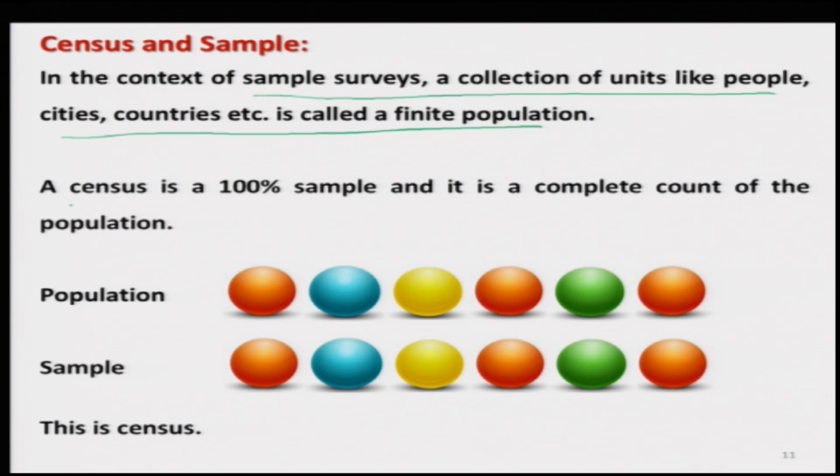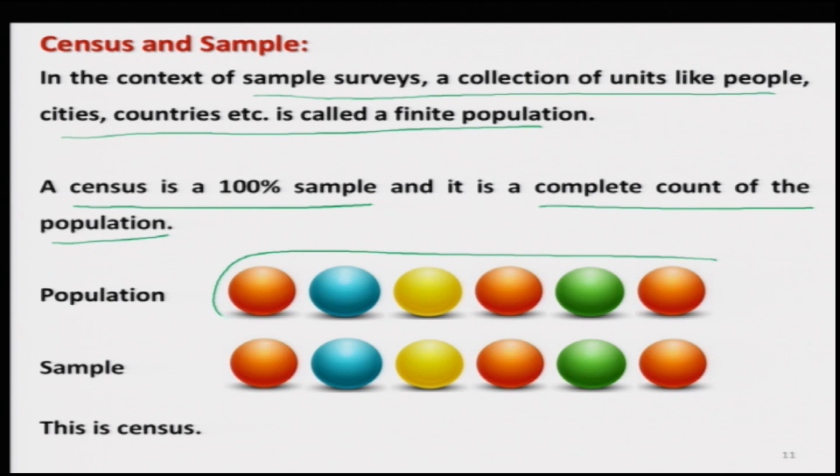The relationship between census and sample is very simple. A census is simply a 100% sample, a complete count of the population. For example, if I take 6 balls in my population, and I draw a sample in which all these balls are here, at most their ordering may change, but that does not make any difference at this stage.